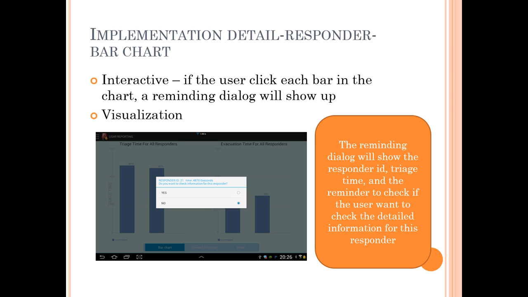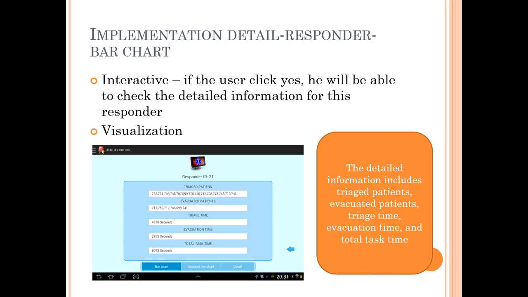If he chooses yes, then he will be directed into the detailed information for the responder. The detailed information for the responder includes the triaged patients, evacuated patients, and the triage time, evacuated time, and total task time spent by the responder.